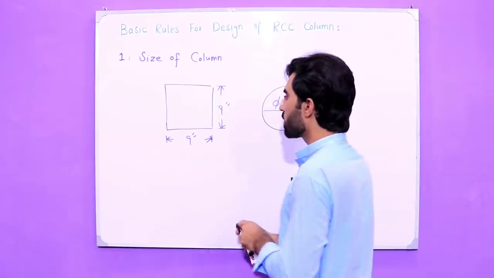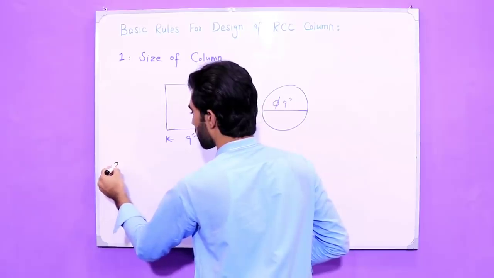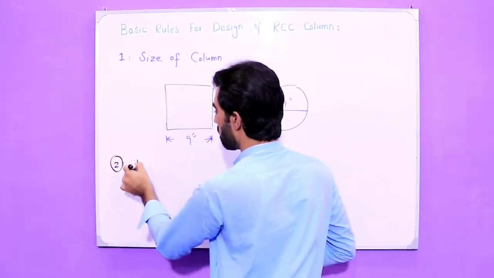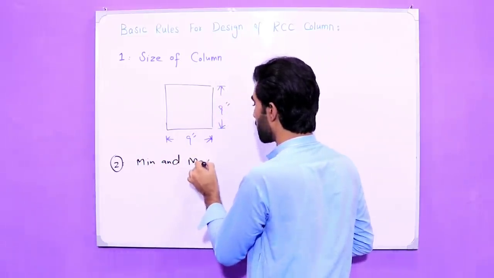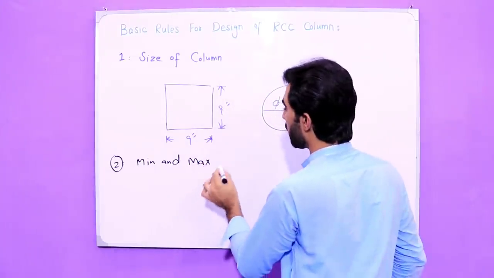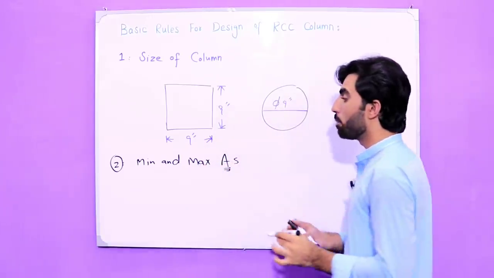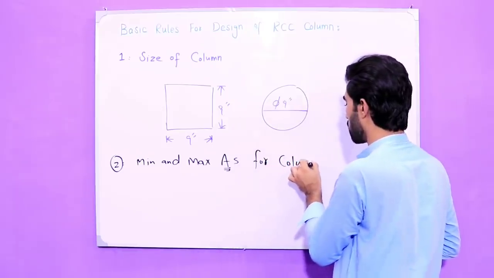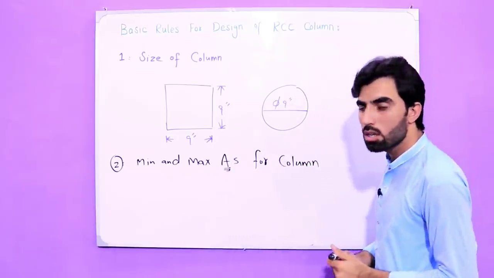Now, guys, the second one is minimum and maximum area of steel for RCC column.